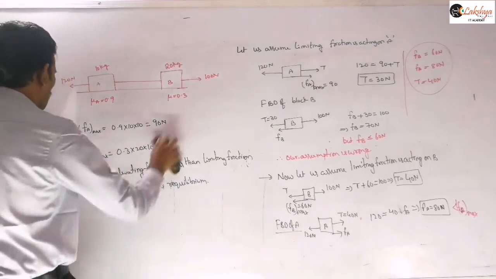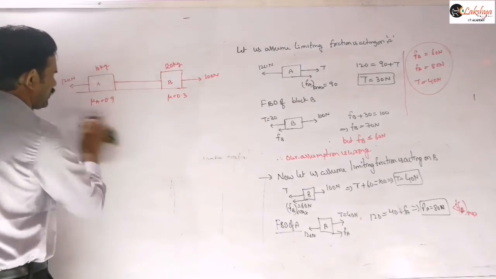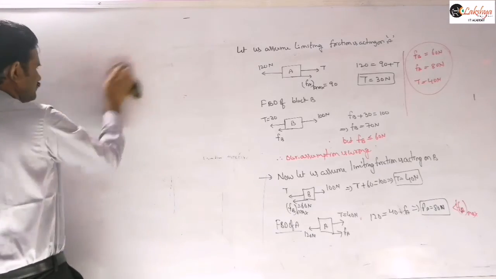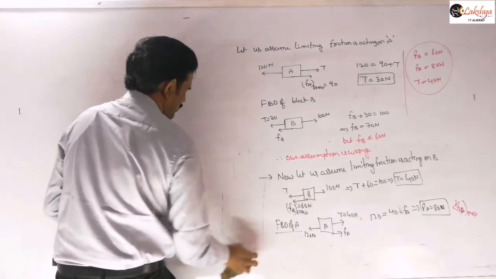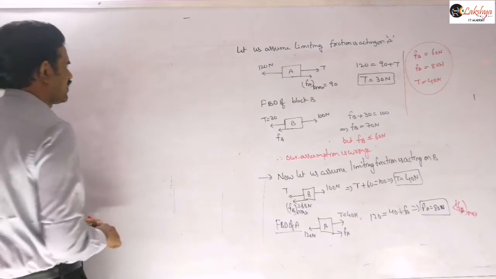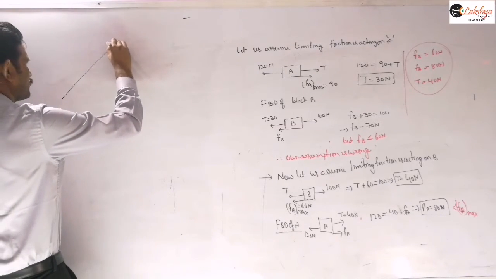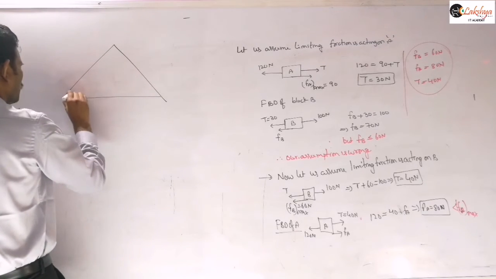Now let us take one more such problem there. Let us take one on the inclined plane here, and you need to proceed in the same way. So this is an inclined plane what I am assuming here.